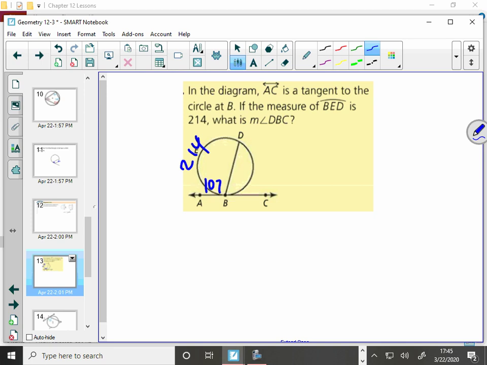The other way to find it is if BED is 214, the rest of the way around the circle is 146, and so you take half of 146. That is 73. We get the same thing both ways.